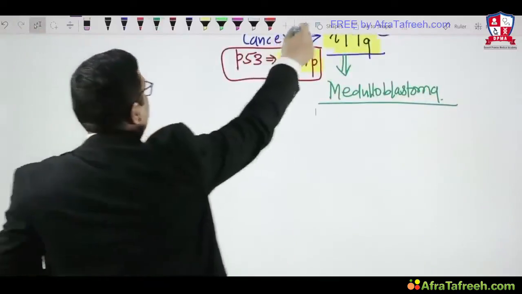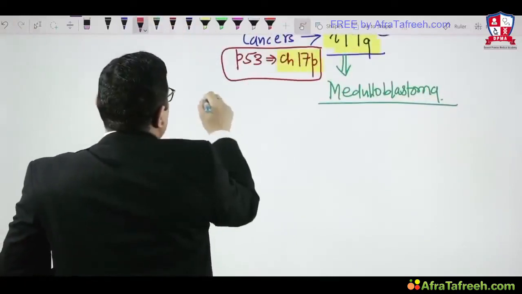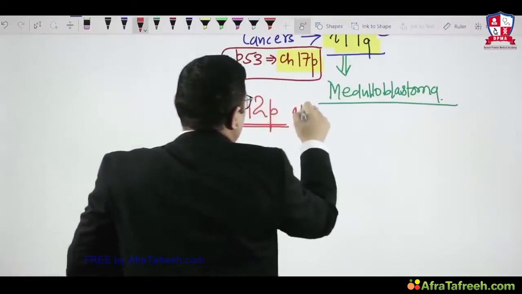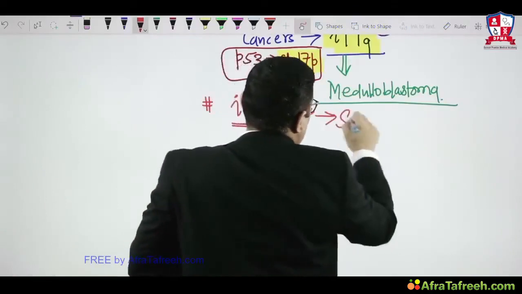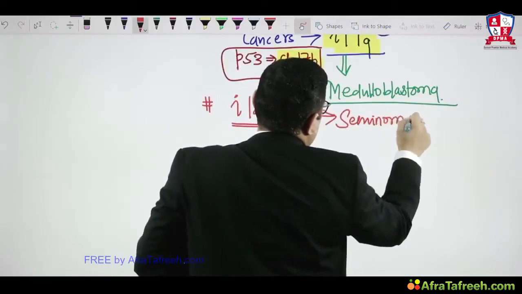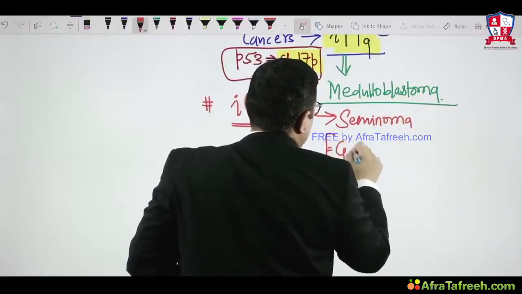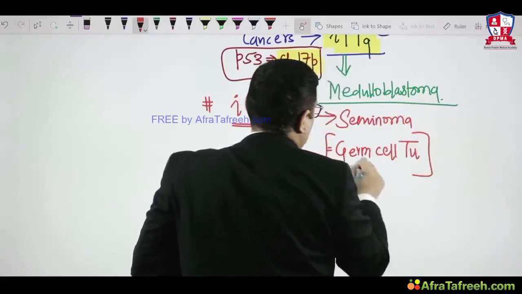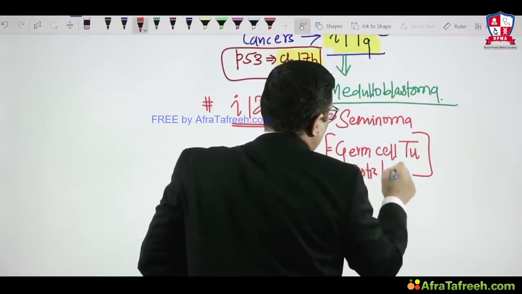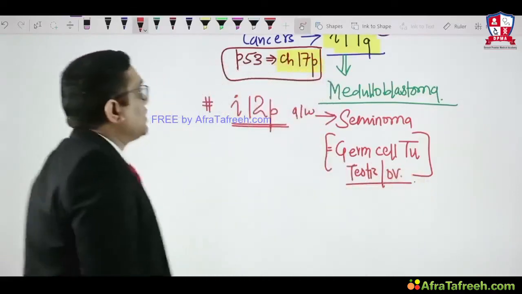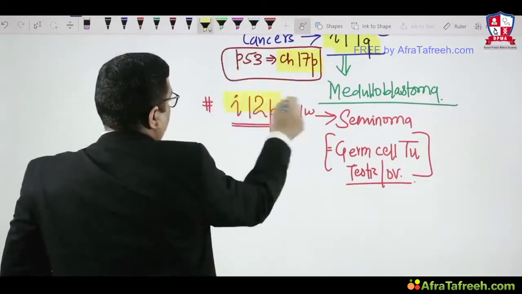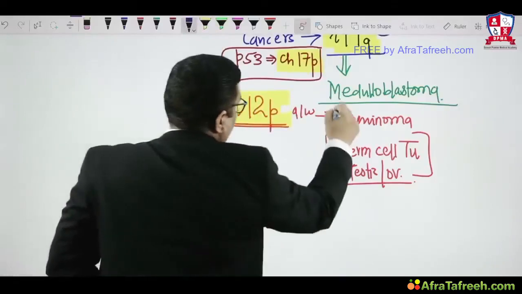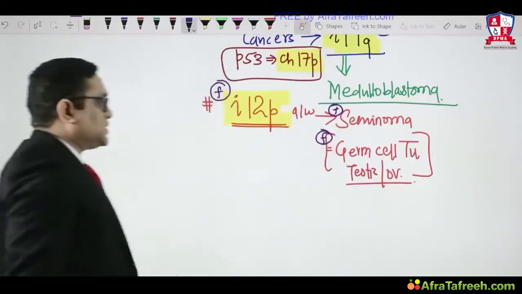Another important question the examiner can ask is that isochromosome 12, short arm, i12p, is associated with seminoma, or you can say germ cell tumor of the testis and ovary both. This is another important point we must keep in mind from the future exam point of view.